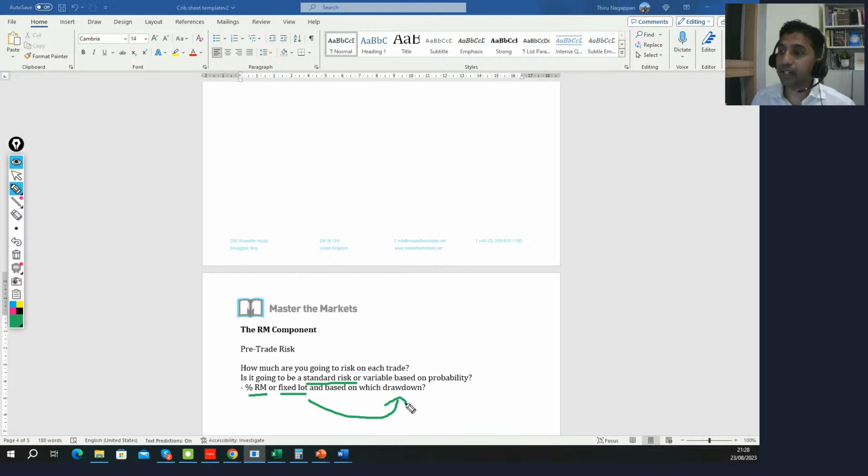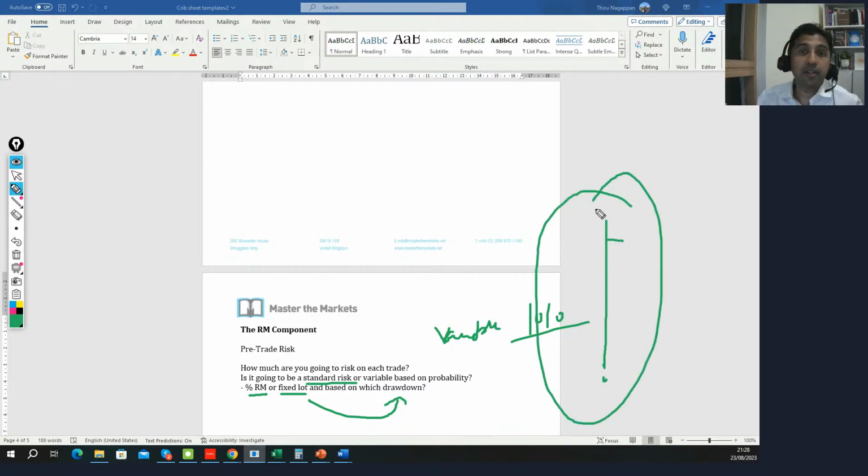The next thing, traders, is if you want to base it on variable means. Let's say you are doing a standard 1% risk management, but on certain trades where the probability is not high, for example, if you get a very big oversized bar and you know in your testing that big oversized bars do not generally do well, you can reduce your risk to half.